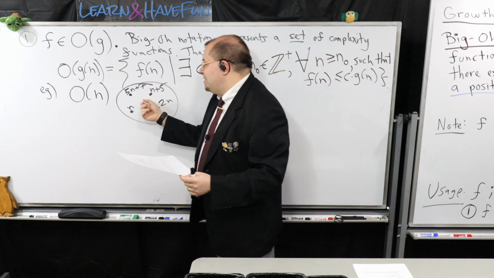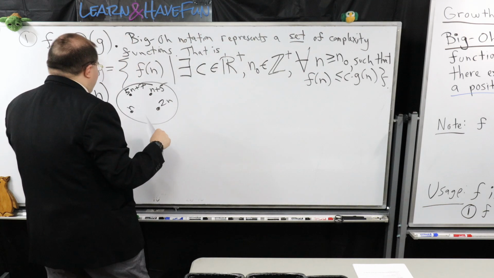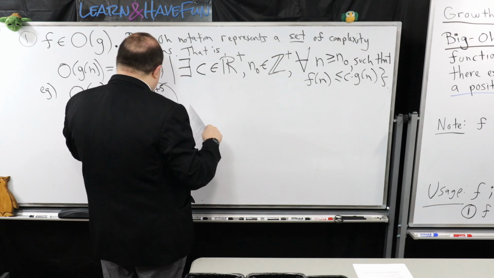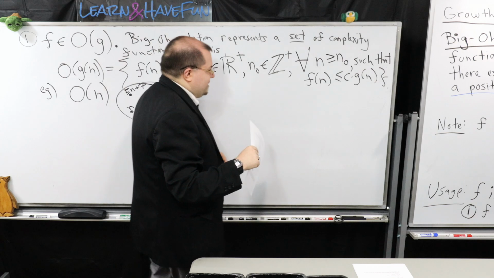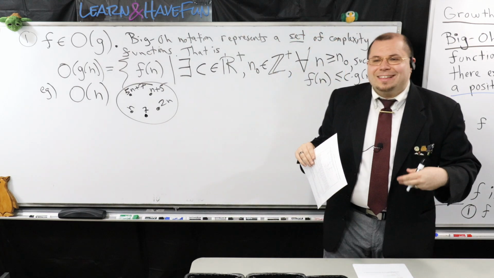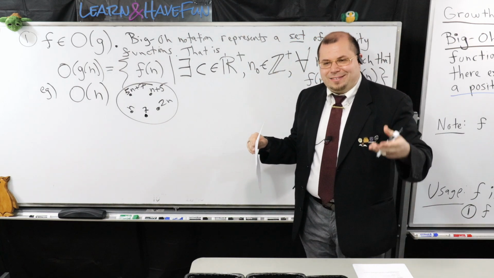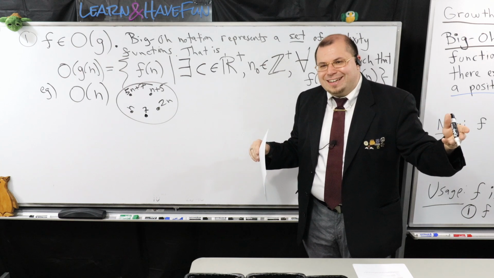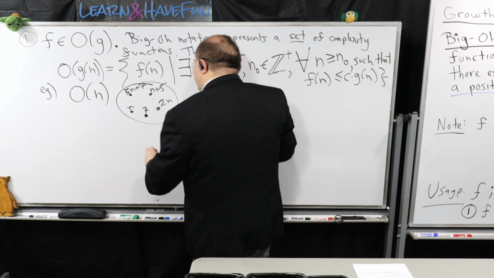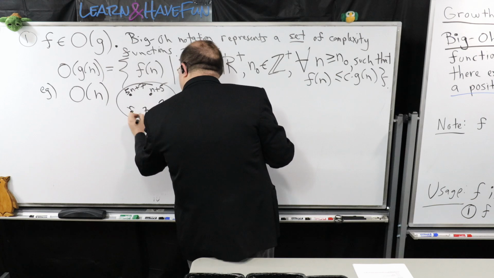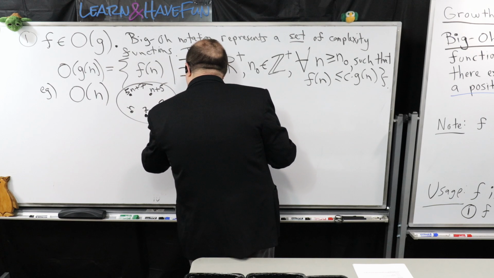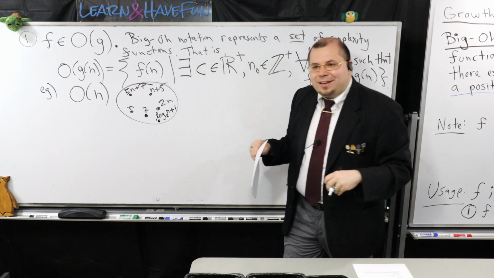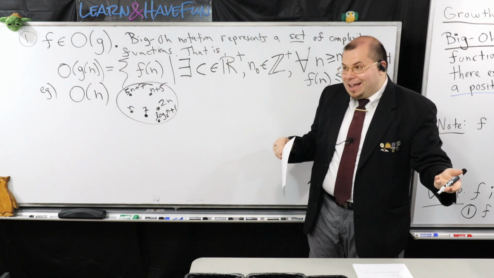For example, something that you can also show is big O of n is a function where f of n is literally just 7. Another one you can show as big O of n is log base 2 of n plus 1.